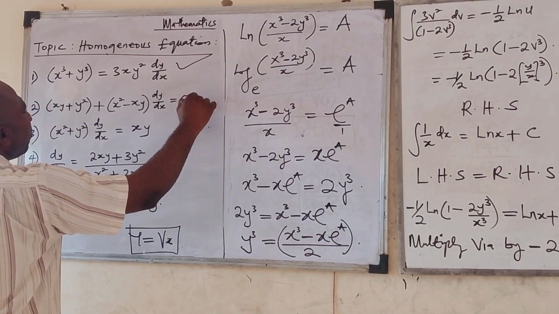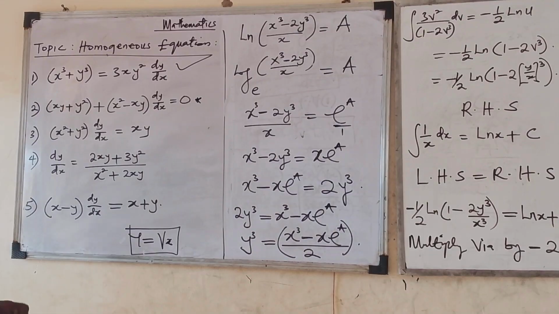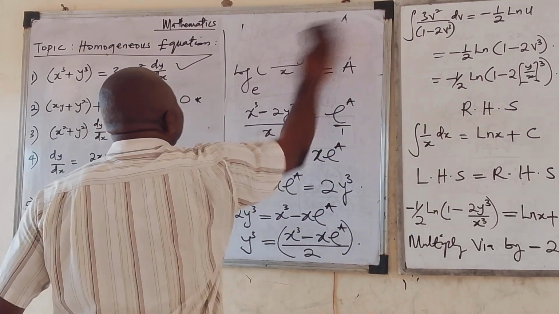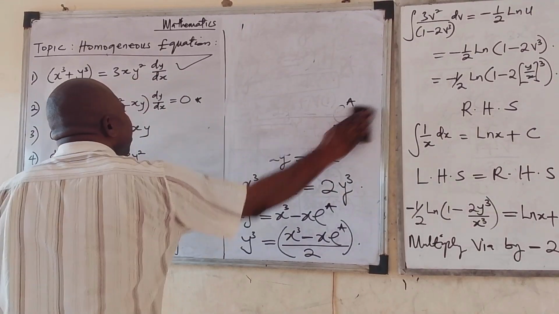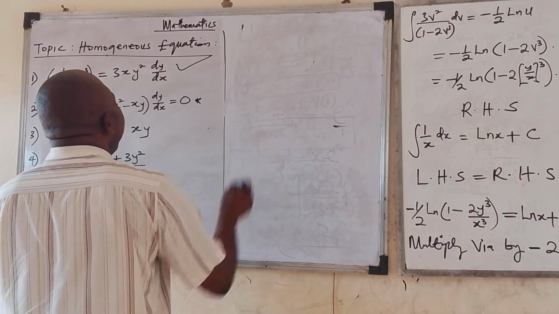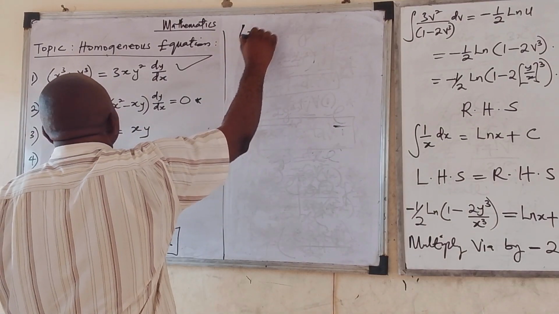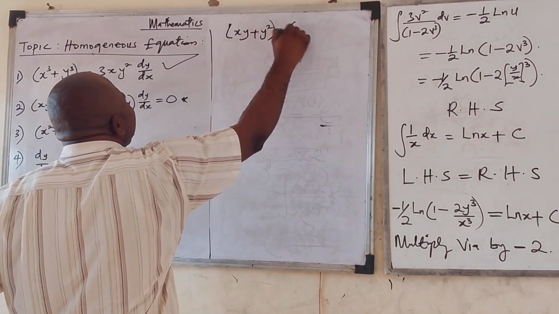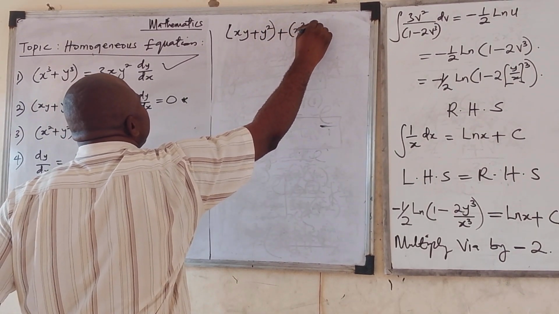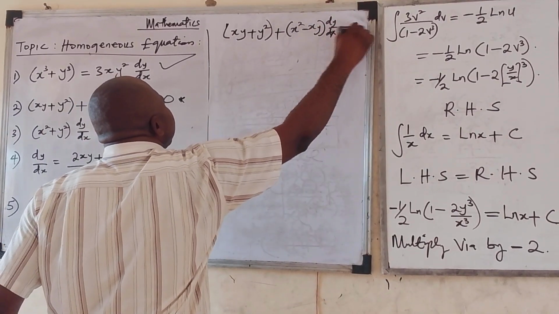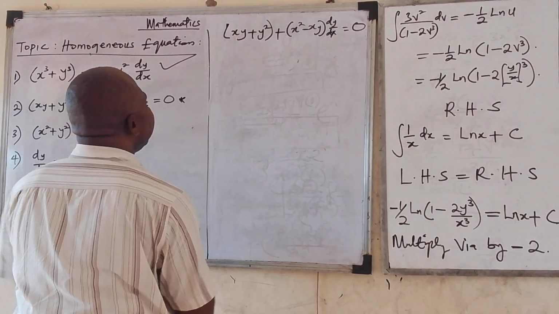Now I want us to look at question number 2. For question number 2, we have xy plus y squared plus (x squared minus xy) dy/dx is equal to 0.